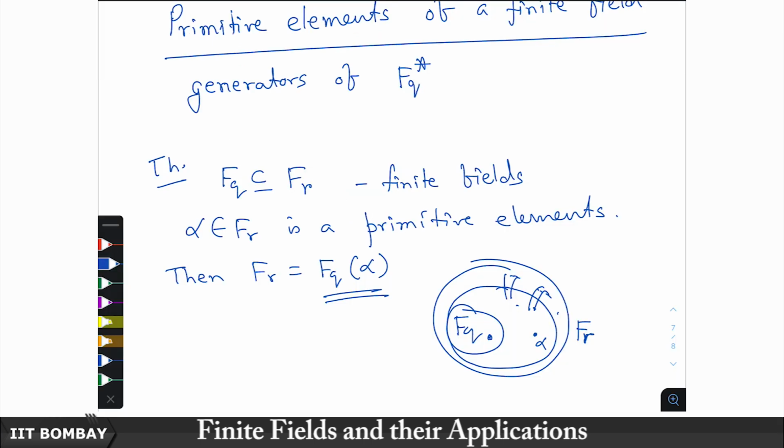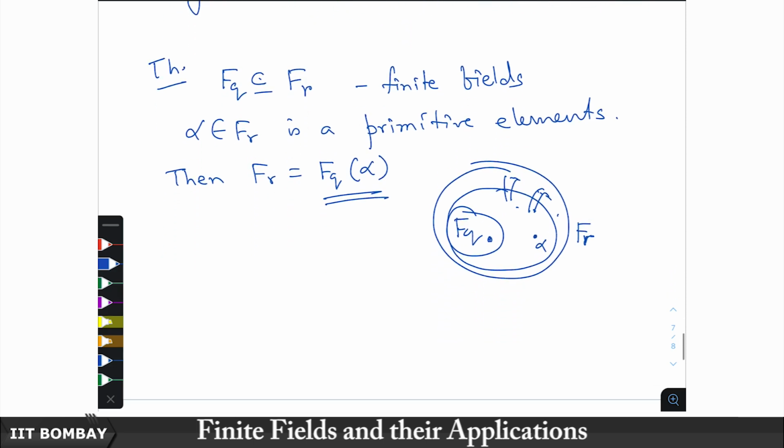If you put alpha, all the powers must also be there in the simple extension obtained by adjoining alpha, so all the elements of F r will be there. So F r is equal to that. We will not write down the proof; what I said is just the proof.